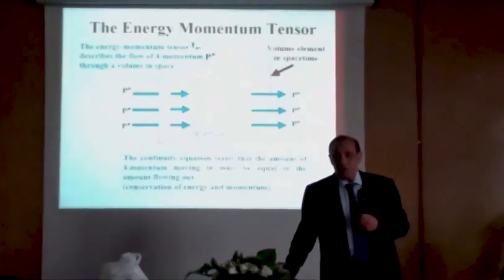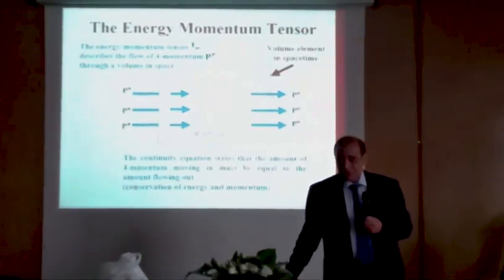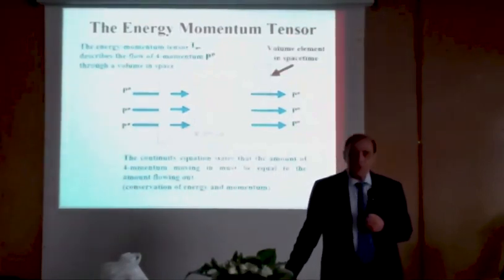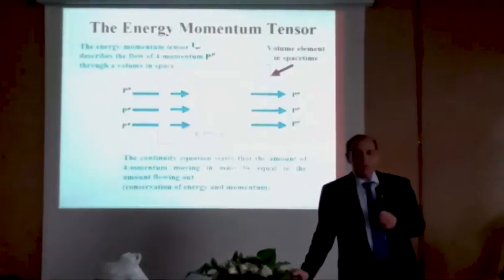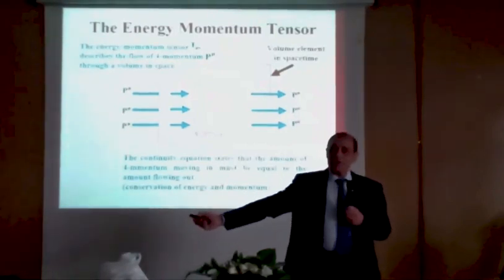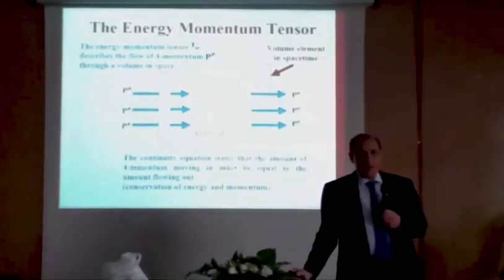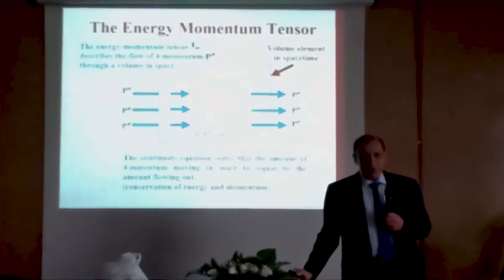We have only one component of this tensor. This component is the energy density. As we are going to see, if I write Poisson's equation in Newtonian mechanics, the right-hand term depends upon rho, which is the density of matter.